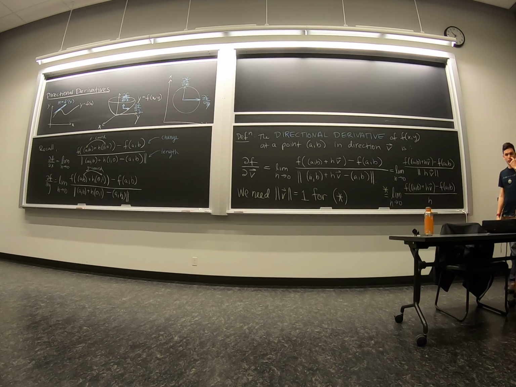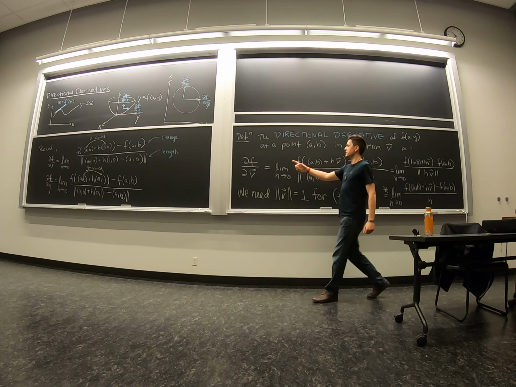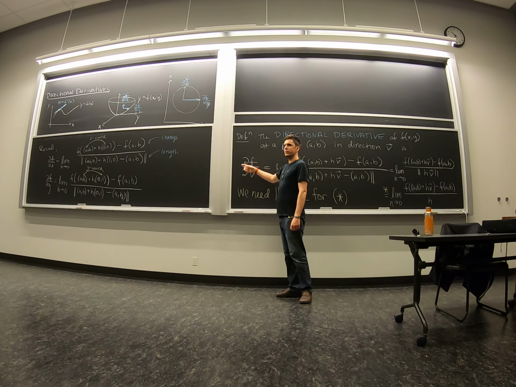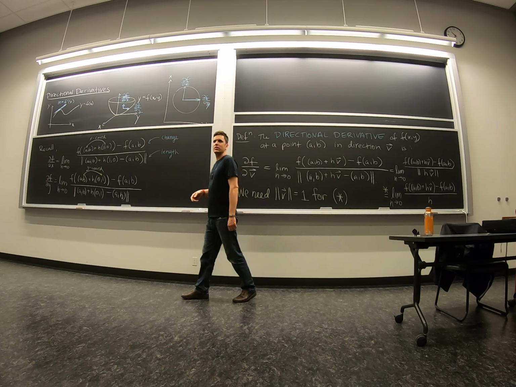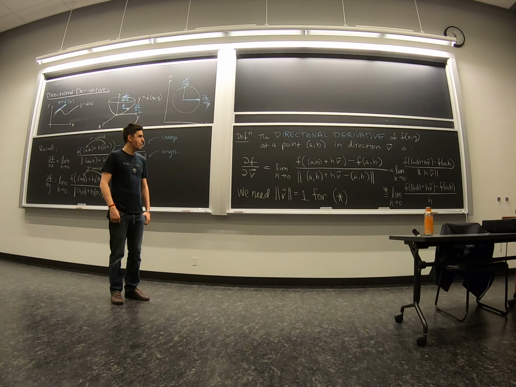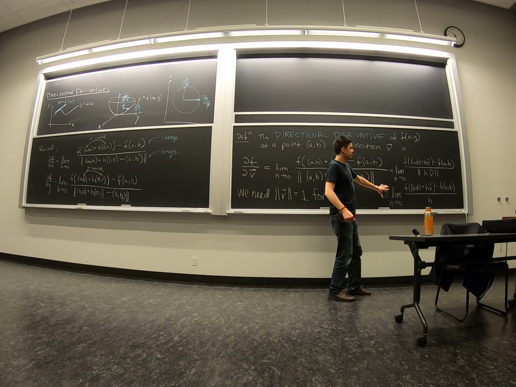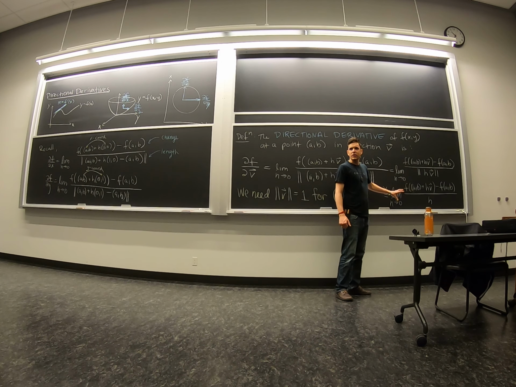If we didn't have the hypothesis of unit length, then this quantity would depend on the length of v somehow. Which is not quite how we want it to work physically. Okay. The other nice thing about this equation is that it looks a lot like our first year derivative formula, right? It's change divided by h.